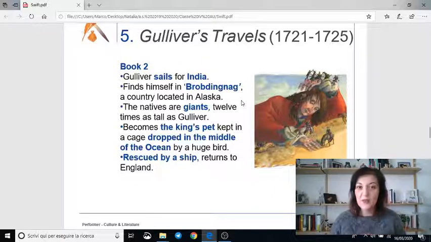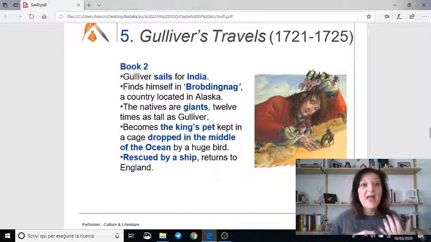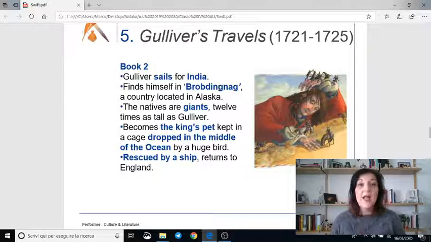Now, the land of Brobdingnag, where he finds himself and which is located, following what he says, near Alaska, the inhabitants are giants, the natives are giants, and as he tells, as he writes, they are 12 times as tall as him.